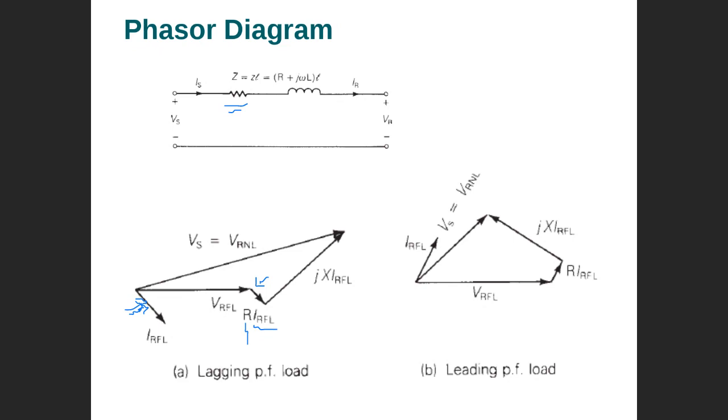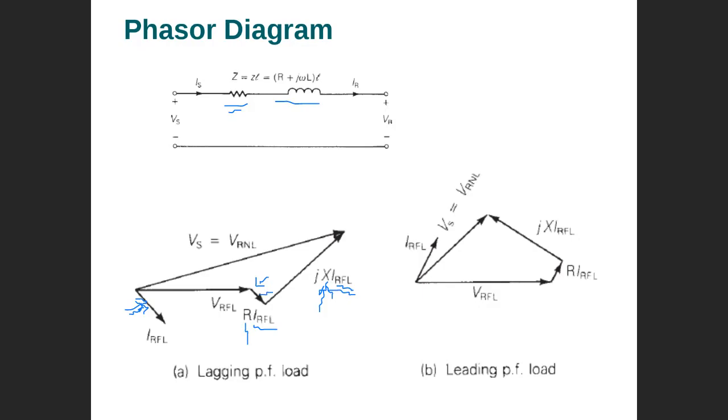And then X. We always mention that X is always higher than R in the transmission line. The same current which flows on R also flows on X, so it is the same current times X. X is higher, and it should be at 90 degrees from here.